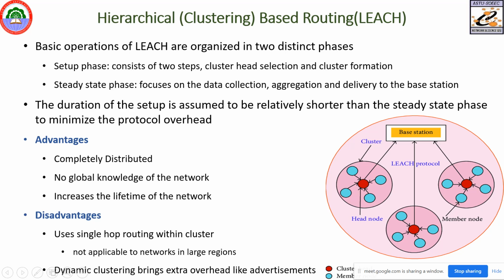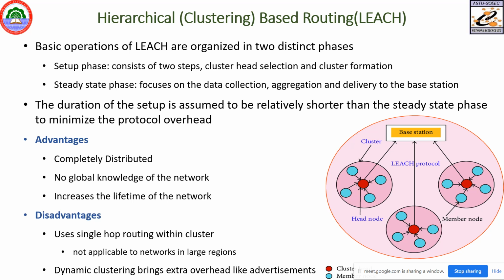So, the basic operations of LEACH are organized in two different phases. One is called the setup phase, and the second one is called the steady state phase. The setup phase is again implemented in two steps: one is forming the clusters, and the second one is choosing one node as a cluster head.